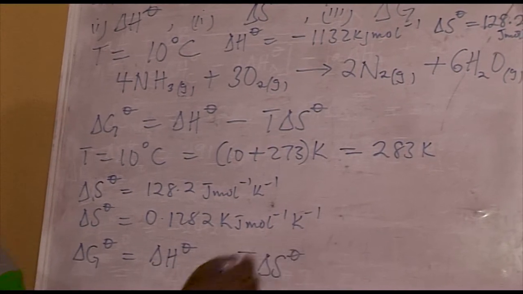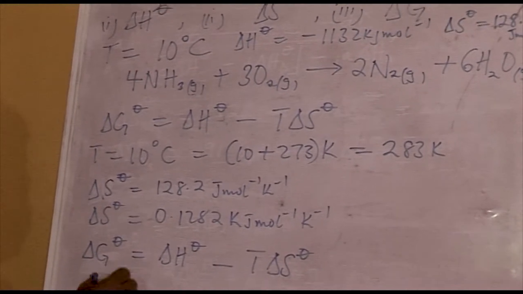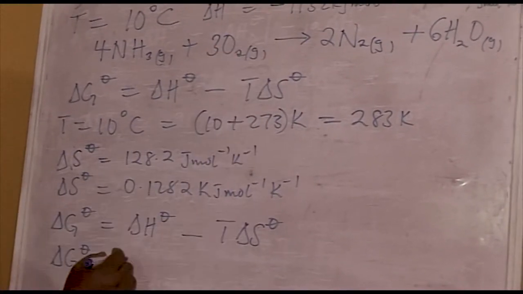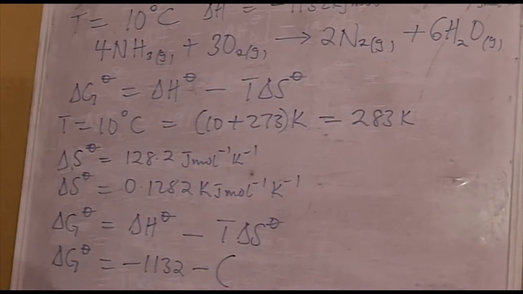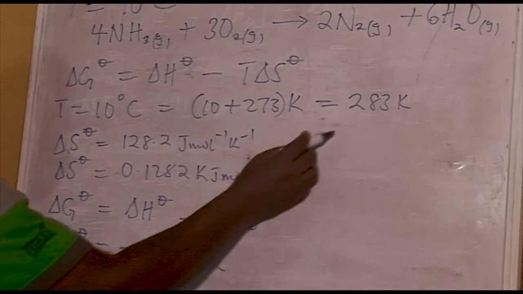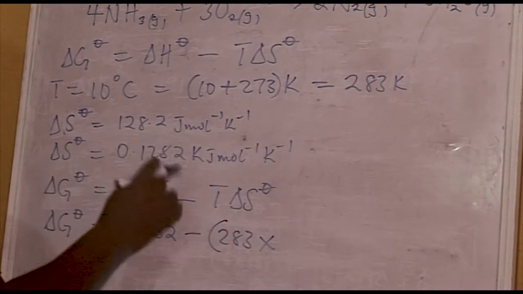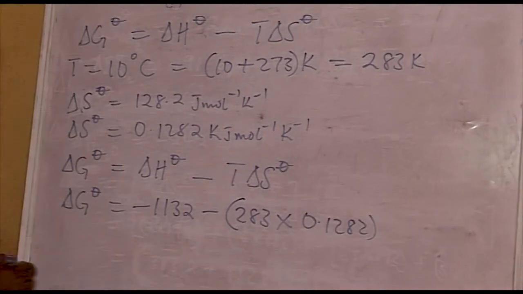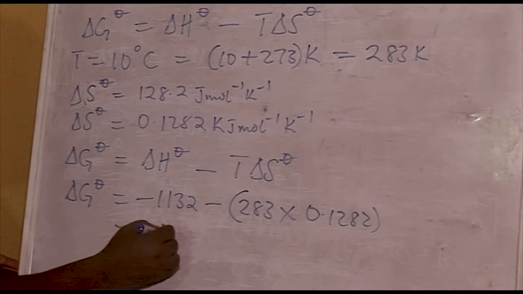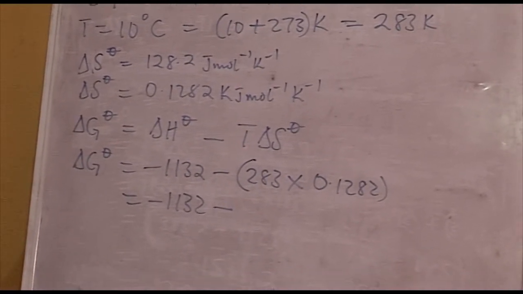So we can now calculate our change in free energy. Don't forget, the equation we want to use is change in enthalpy minus temperature times change in entropy. So what's the change in enthalpy? Minus 1132, then minus the temperature, 283 Kelvin, times the entropy change, 0.1282.